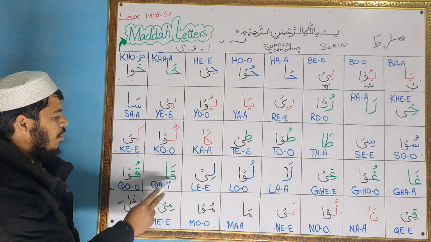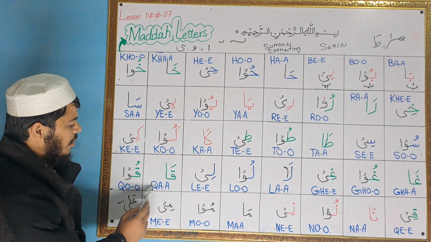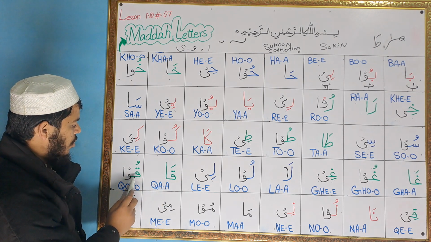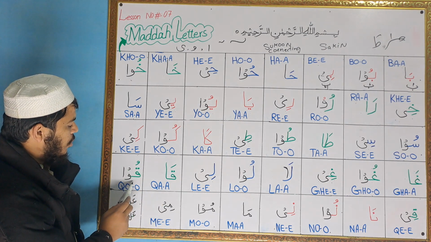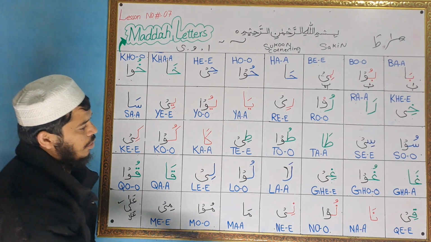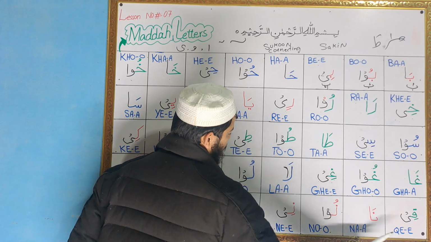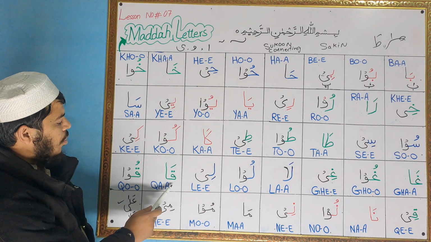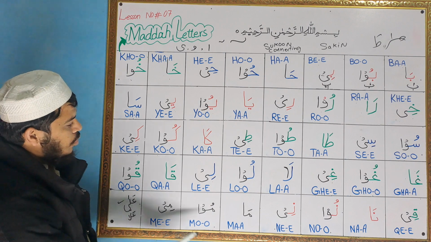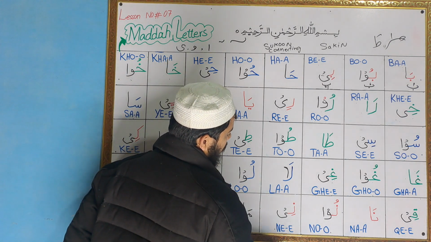Then qaf, alif, fatha, qa, qaf, waw, dhamma, qu, qaf, ya, kasra, qi, qa, qu, qi.